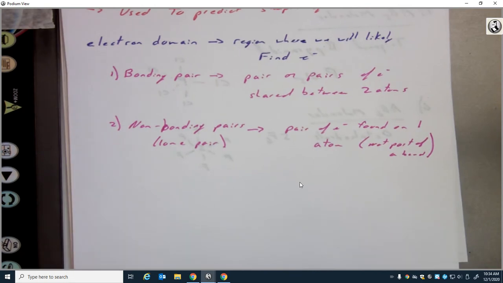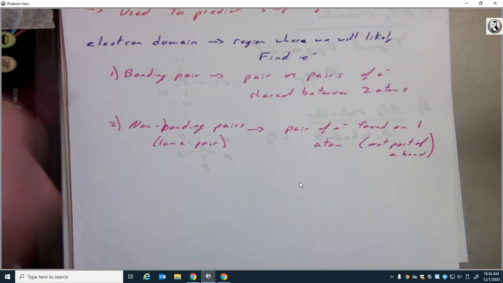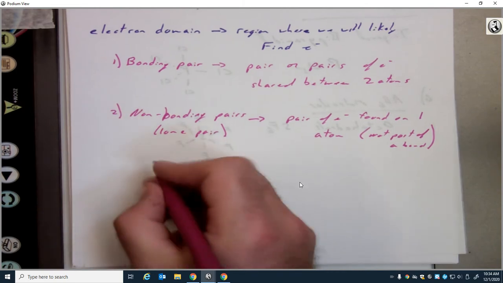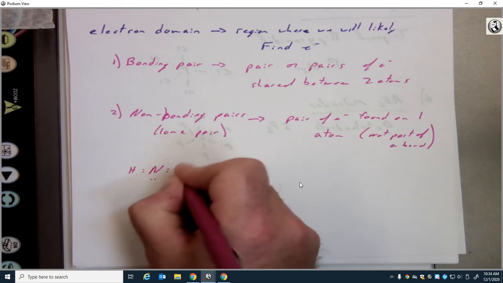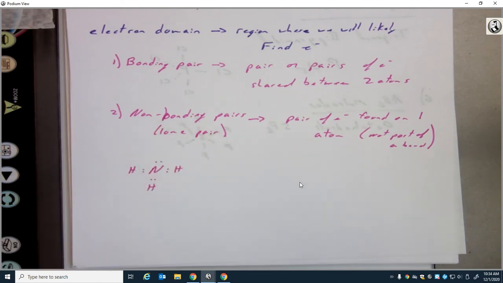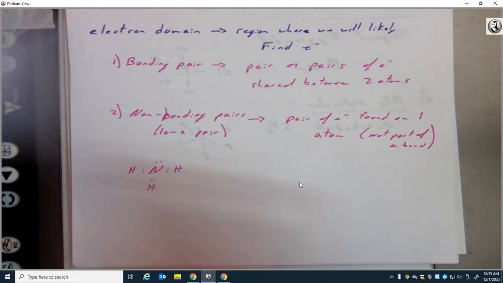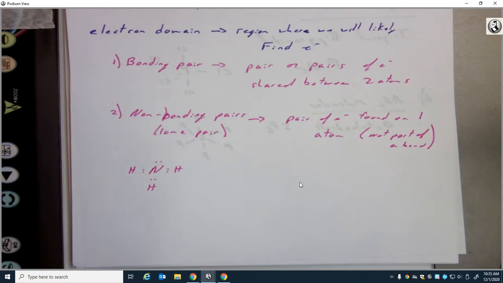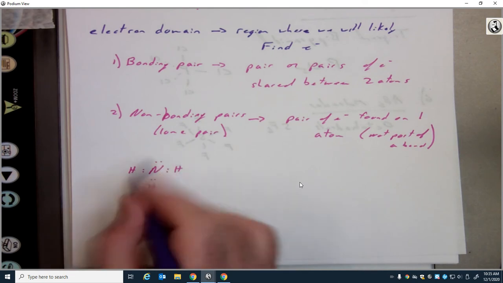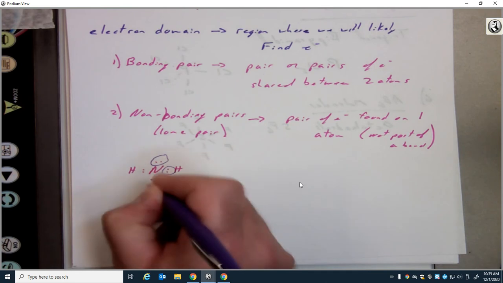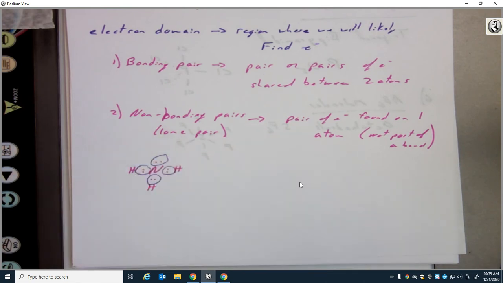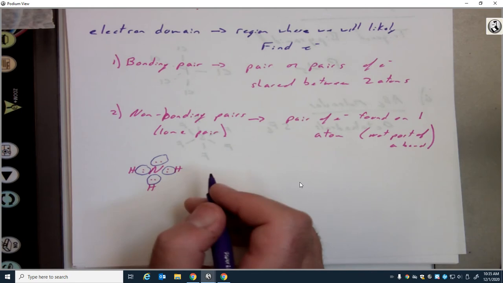So let's look at an example, and you've got to be able to count these. So let's look at ammonia. If we look at ammonia, we want to find our domains. Okay, we need to count them. So there are actually four domains here. This is a domain, this is a domain, this is a domain, and this is a domain. Right?